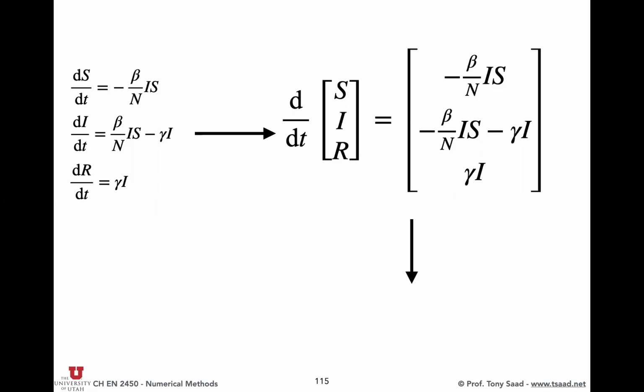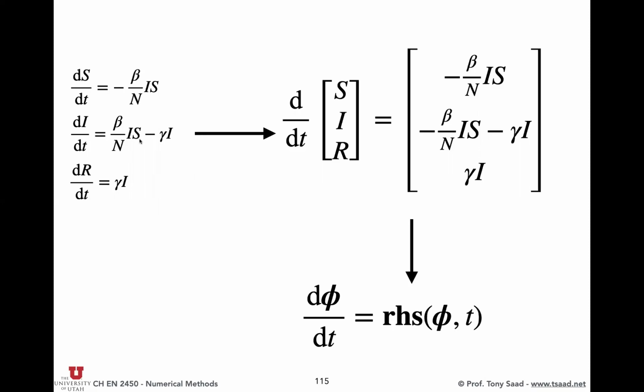And d by dt applies to every element inside the vector. When you equate this, you get dS by dt is minus beta over N I S, and dI by dt is et cetera, just like the original equations presented.